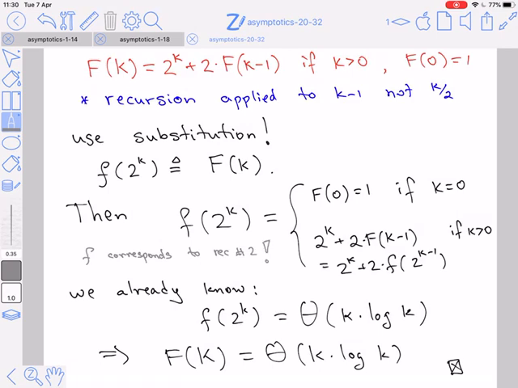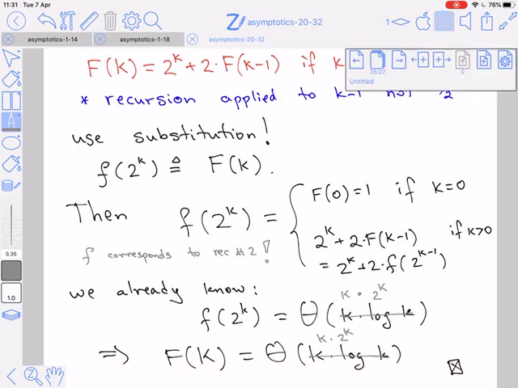And because of that, we know that f of 2 to the power of k is big theta of k times 2 to the power of k. And therefore, f of k, which equals lowercase f of 2 to the k, is big theta of k times 2 to the power of k. And that completes the proof.